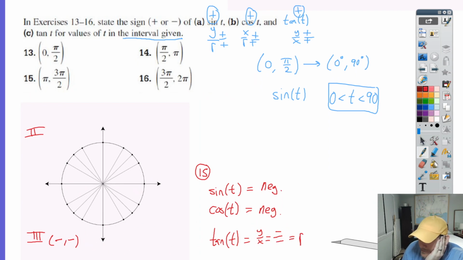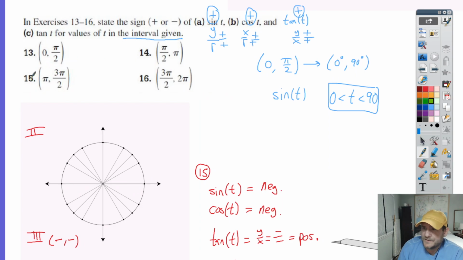And that is, of course, a positive. So although it seems like both coordinates are negative, so sine and cosine are negative, it's not like everybody's negative. Tangent would still come up positive. And don't forget cotangent would too, because it's just the reciprocal, x over y, which would still be a negative over a negative, which is still a positive.